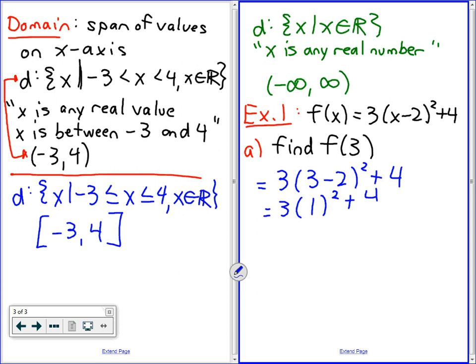You got off easy. Livia, what's the next thing we do? 1 squared, which is just 1. What do we do next? Multiply by 3. Good. So 3 plus 4, and that's 7. So what this has told us is the point 3, 7 on the graph.